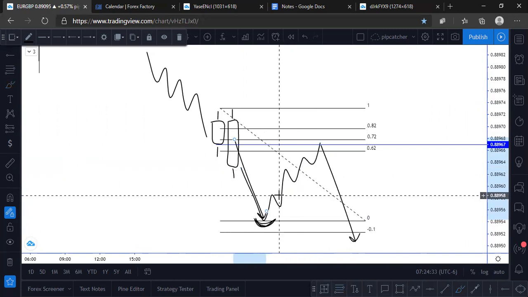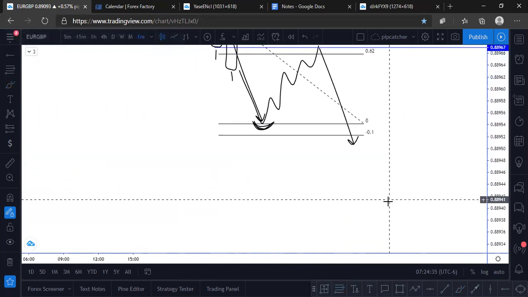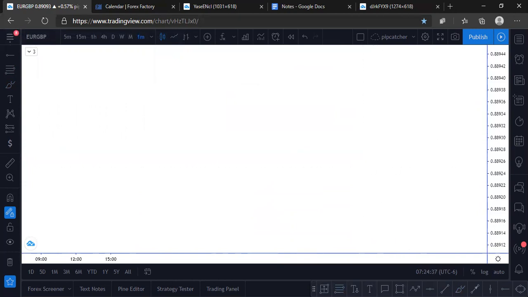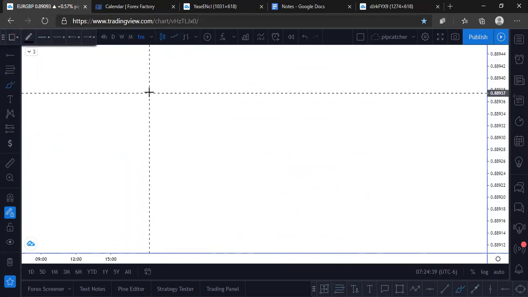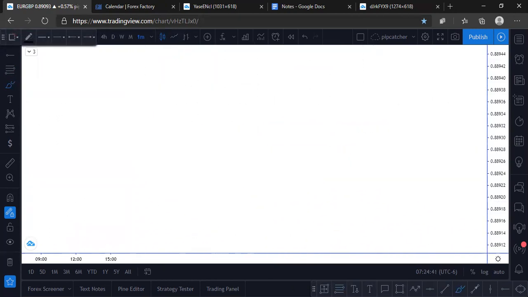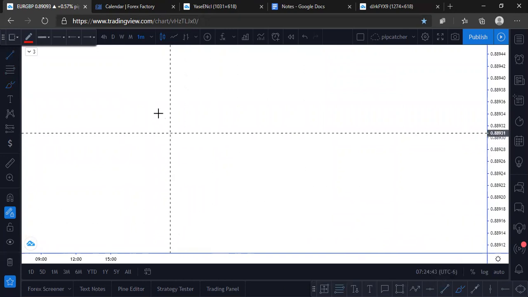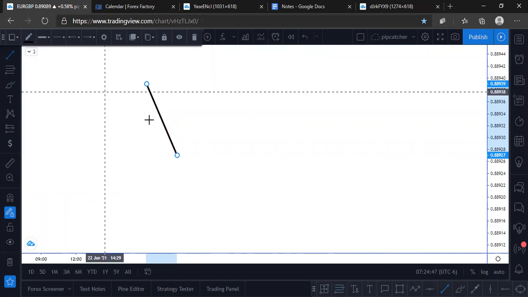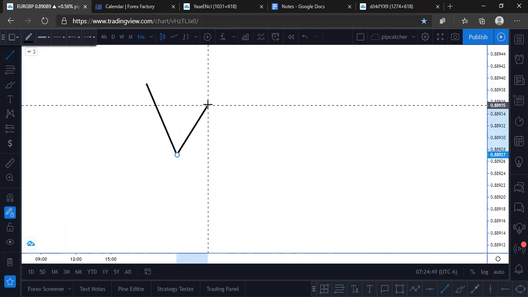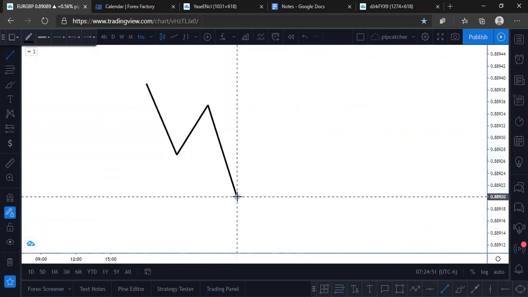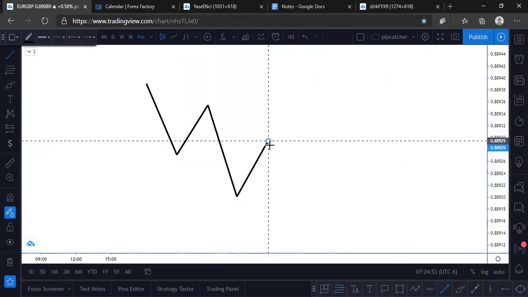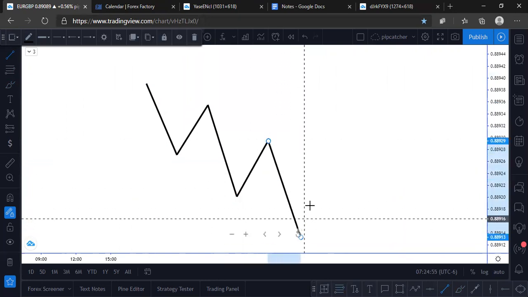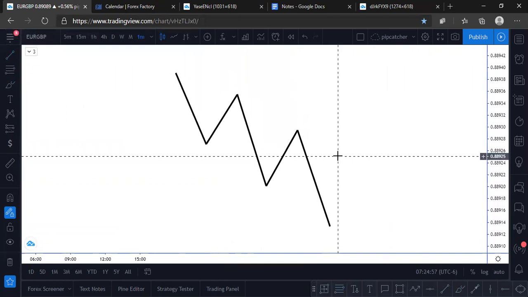And another thing to take note of is if you're on the higher time frame, right? Let's say this is a daily structure right here. We'll say this is daily structure, right?